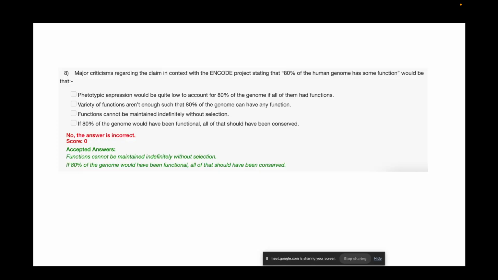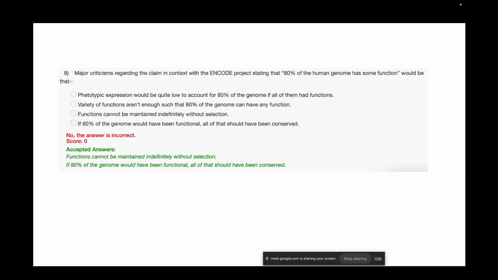So the conservation part is the first one, and the second is that without selection these functions cannot be maintained indefinitely. The function has to be a good or a bad function, so it has to be selected, either positively or negatively.